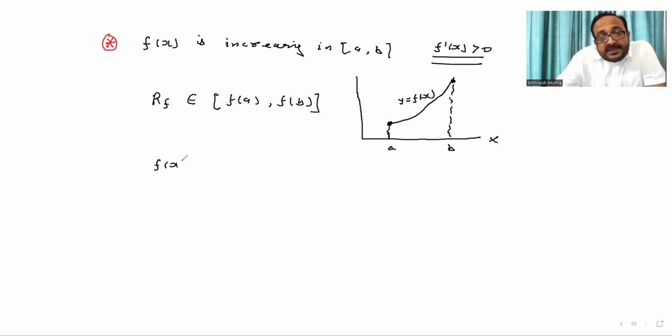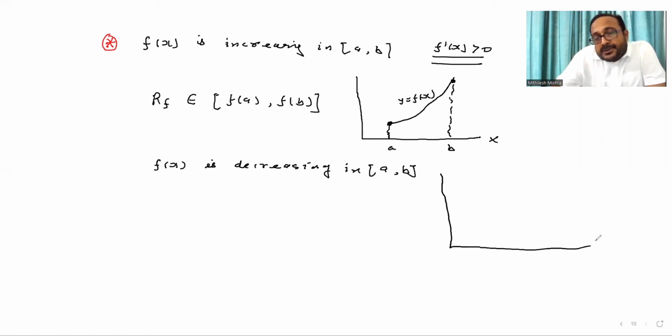If f(x) is decreasing in a to b, if here there is an open interval, then the answer will also be in open interval, and similarly here also. Suppose the graph comes in this way, here b and here a.